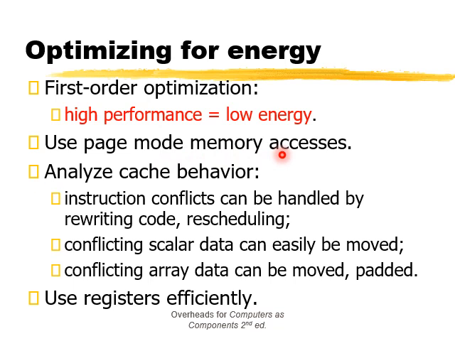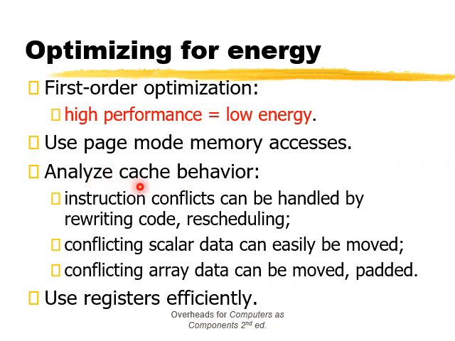Page mode means we just give the address of the row, and the column addresses are automatically calculated from the first column address. Initially we provide the row and column address, and the next column addresses are calculated automatically, so that we can access the whole block in a cache.